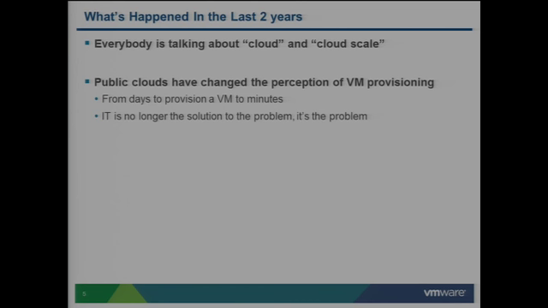If you, as a line of business developer, want a VM and within your organization it took weeks or even months to get one, today you could potentially take your credit card and go to a public cloud provider to get that VM very quickly. So if you are an administrator who has to fulfill the need for a VM and you cannot do it in a very short time, then you become part of the problem as opposed to the solution.